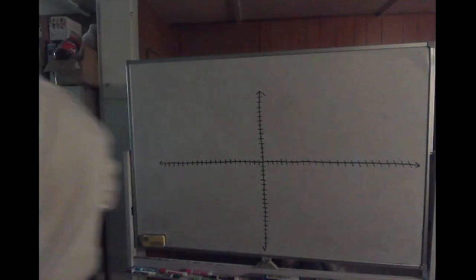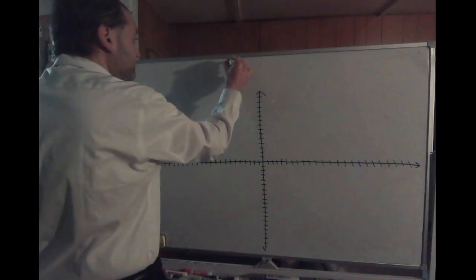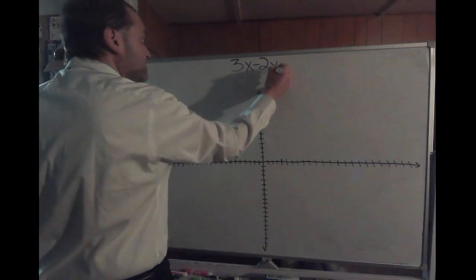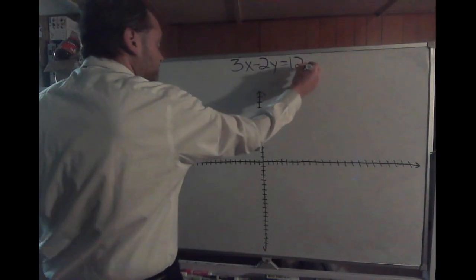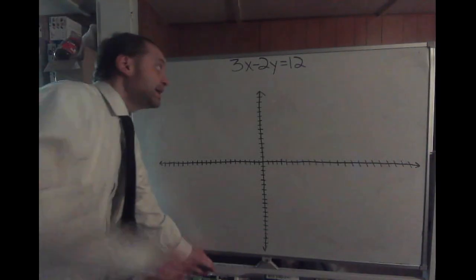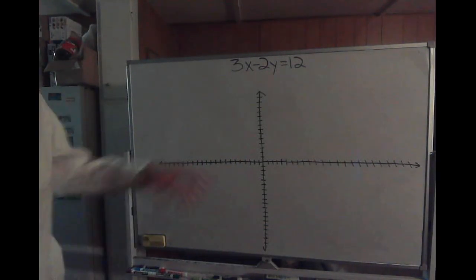Okay, 3 more problems. Now this is a little bit different. It's kind of like the other equation, but this one is 3x minus 2y equals 12. So this equation is 3x minus 2y equals 12. That's definitely going to change things with the minus.